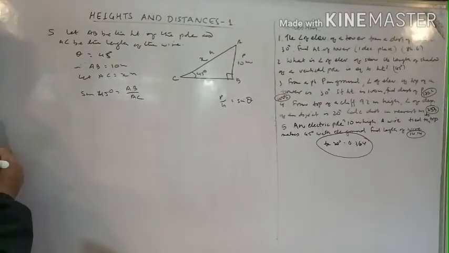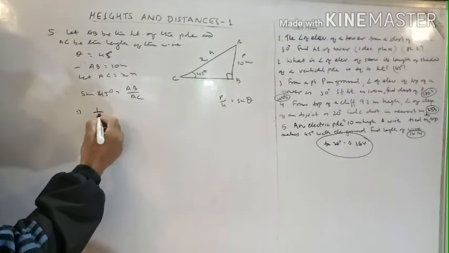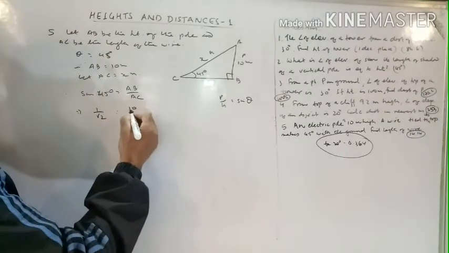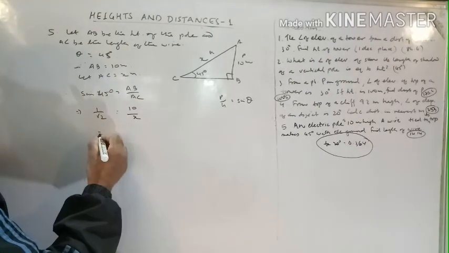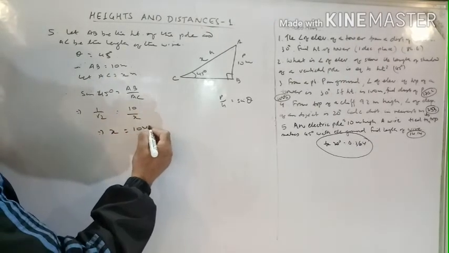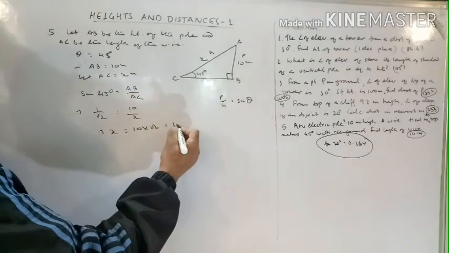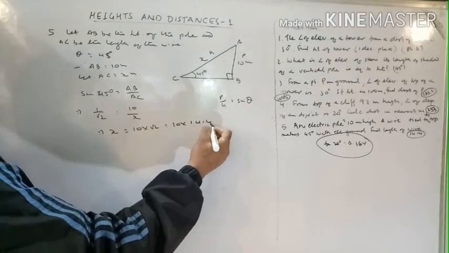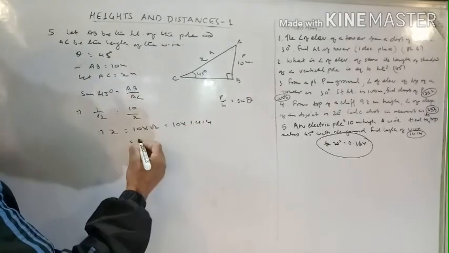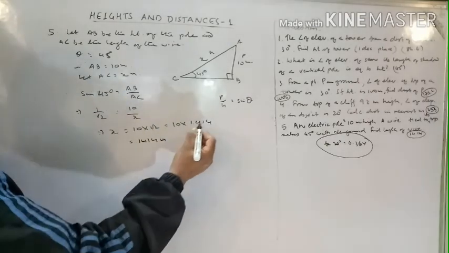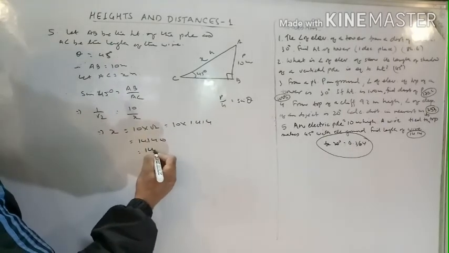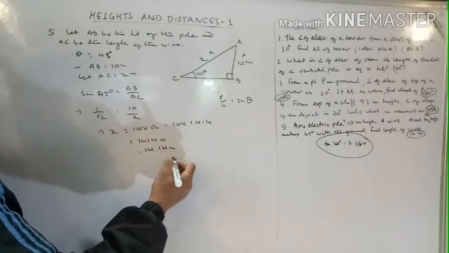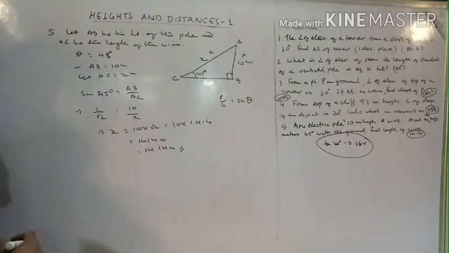Sine 45 degrees is 1 by root 2, AB is equal to 10 and AC equal to x. If you cross multiply, you get x equal to 10 into root 2. Root 2 is 1.414, so if you multiply, you get 14140, decimal before 3 digits, so 14.14 meter. So you can write therefore the required length equal to 14.14 meter.